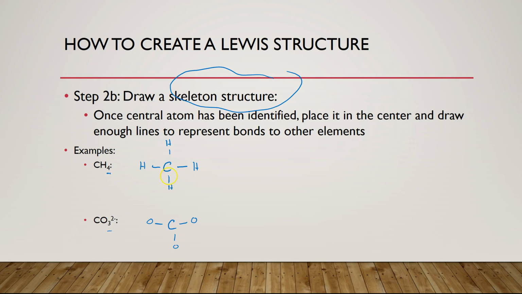I put my central atom in the middle. I draw enough lines to indicate a bond to each of my other elements that are a part of that molecule, right? So 4 lines for methane because there are 4 hydrogens. And I put a hydrogen after each line. 3 lines for carbonate because there are 3 oxygens. And I draw 1 line connecting each oxygen to the carbon in the center. So that's my skeleton structure.